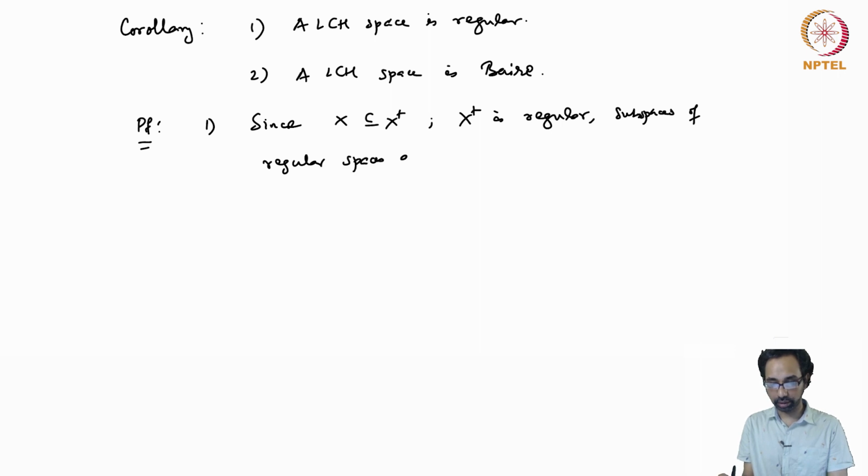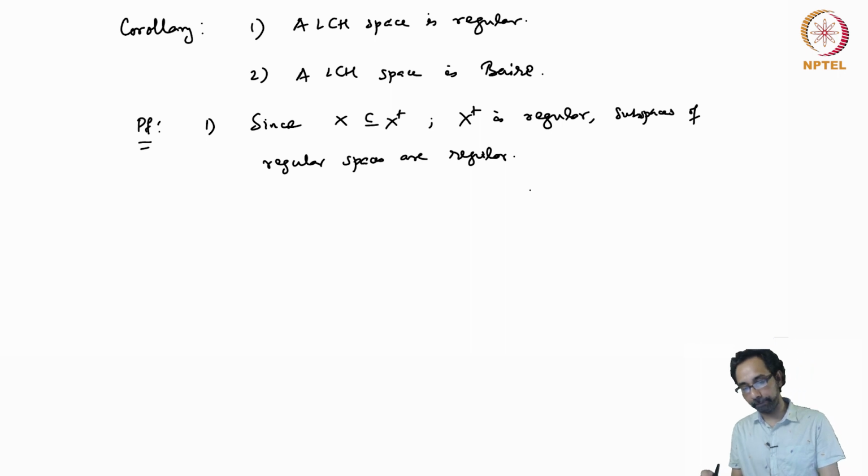By the way, by our construction, the subspace topology on X from the topology on X plus is the same as the topology on X. You can check this easily, because we defined the topology on X plus like that. So subspaces of regular spaces are regular, and so X is regular.